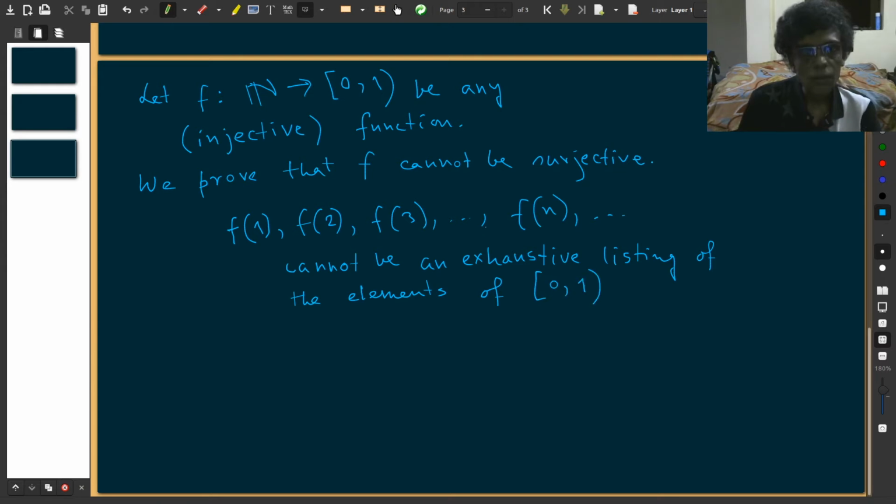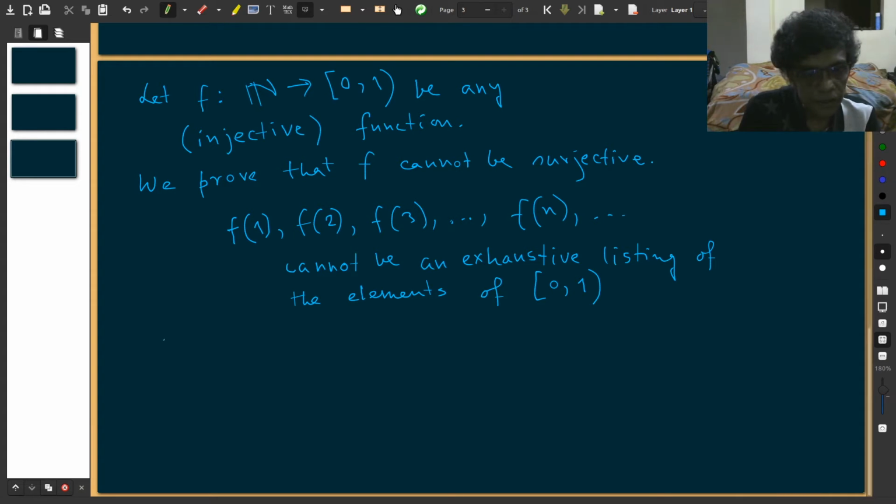No matter how you keep on enumerating elements from this, like f1, f2, f3, you are bound to miss at least one element of this set.